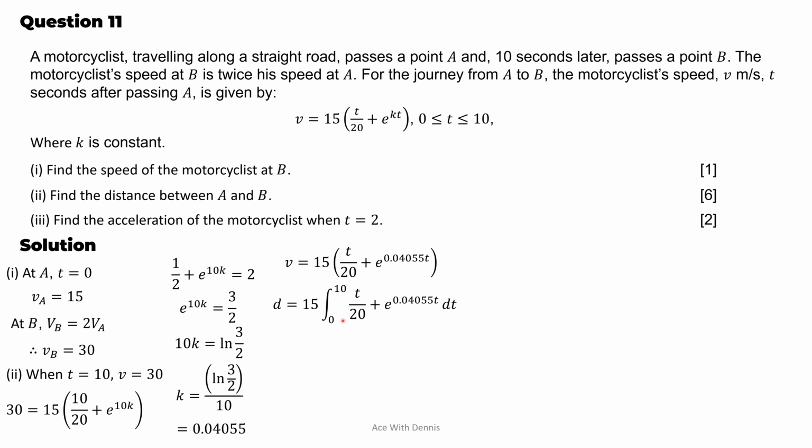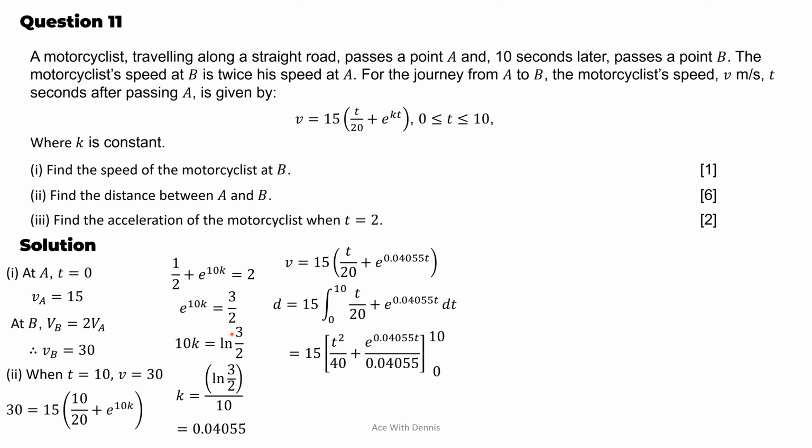So to get the distance, we need to integrate the v. For this case, we get d equals 15 integration from 0 to 10, because the time is up to 10. Start from point A to B, right? Point A time is 0, at point B time is 10. t over 20 plus e to the power of 0.04055 t dt.